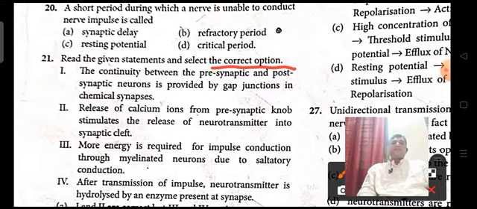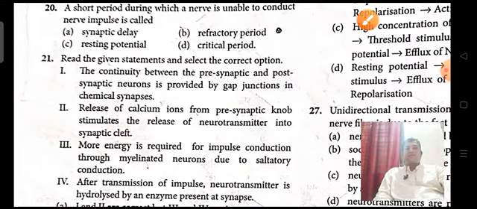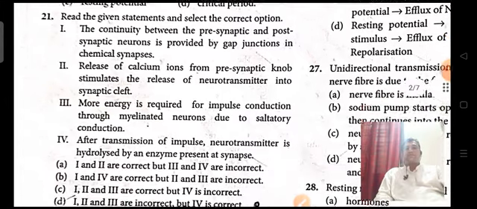Release of calcium ions from the presynaptic knob stimulates the release of neurotransmitter into the synaptic cleft. More energy is required for impulse conduction through myelinated neurons due to saltatory conduction. After transmission of impulse, neurotransmitter is hydrolyzed by the enzyme present at the synapse.